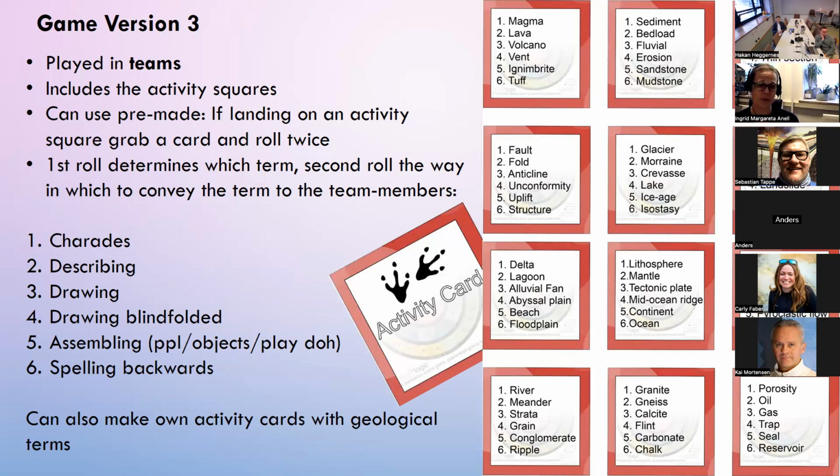And that's part of the fun. Describe it without using the words, draw it blindfolded. Assembling, which can be using anything you have available. So maybe you have to construct it with people nearby. It's good to have also physical contact with people to build a good team. And then trying to spell it backwards within, of course, a certain amount of time.